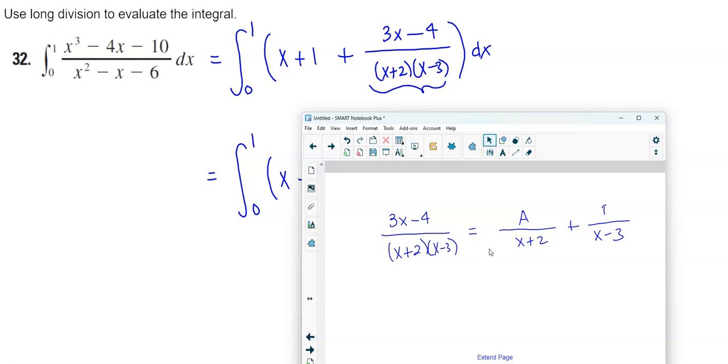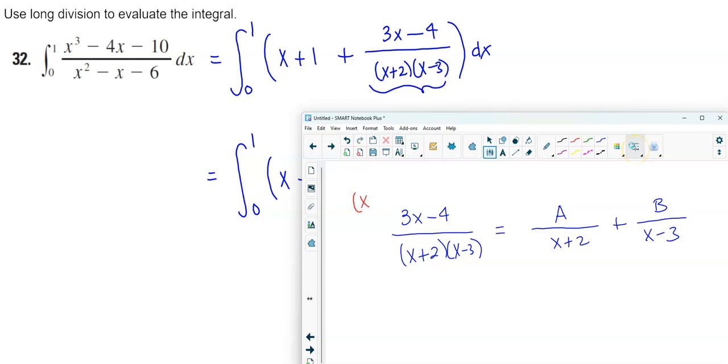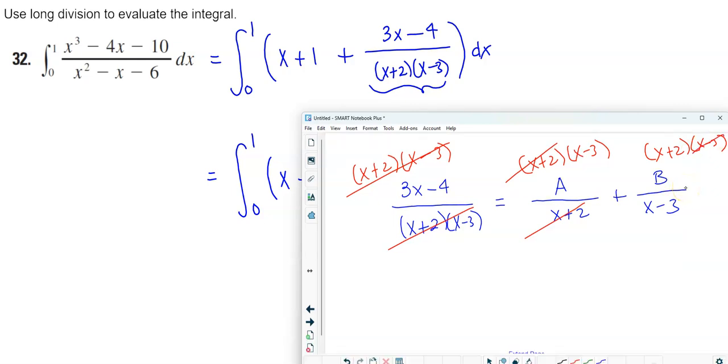So we have A and then we have B. Okay, so now we're going to multiply each term by the LCD, which is x plus 2 times x minus 3. We eliminate that entire denominator, we eliminate the x plus 2 in that term, and then we eliminate the x minus 3 in that term.